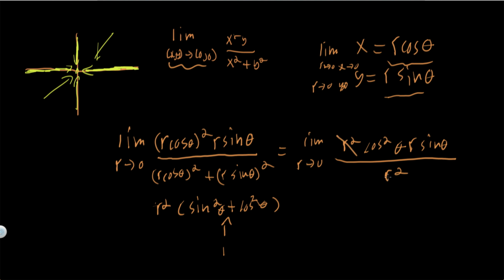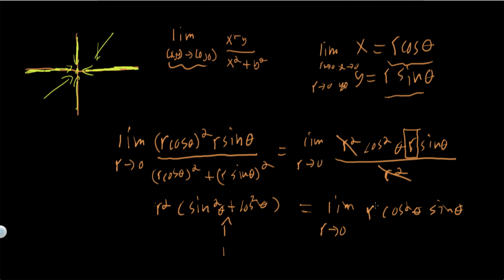Now the r squared cancels with the r squared. We notice we still have an r here, so this is equal to the limit as r goes to 0 of just r cosine squared theta sine theta.